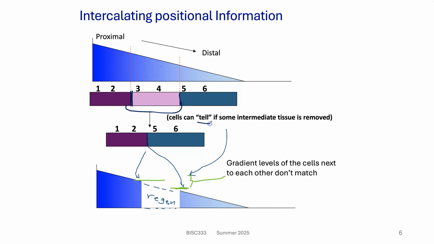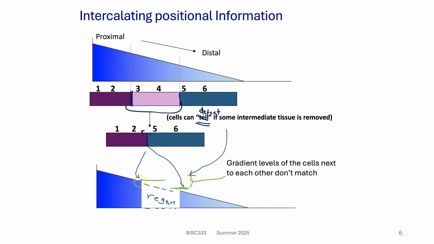When I say tell, of course I mean that the cells can detect. I should say just detect, because tell implies consciousness, which, as far as we know, cells don't specifically have, but they would be able to detect, like if there's a huge amount of signal relative to this, there's a mismatch between the cells.